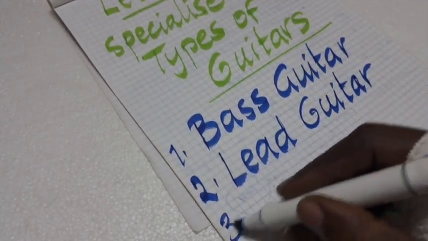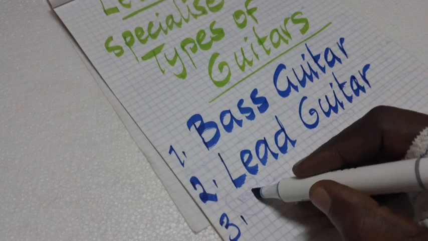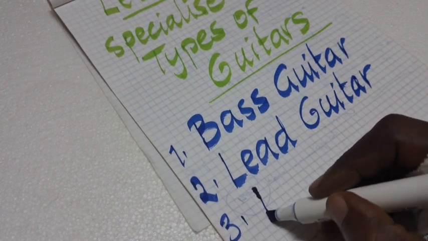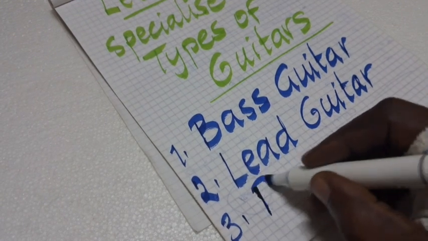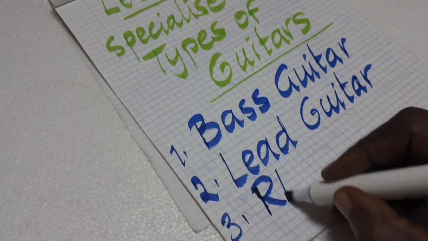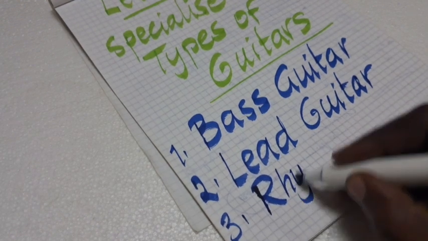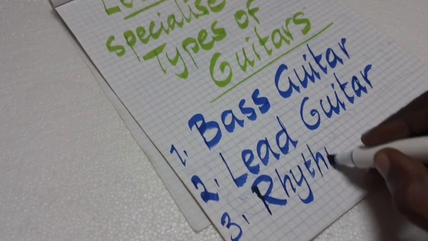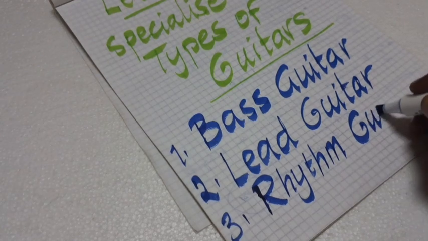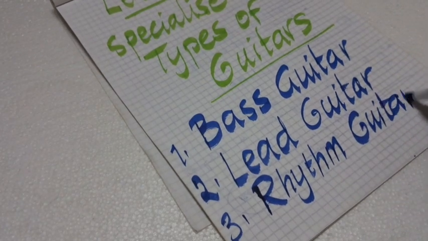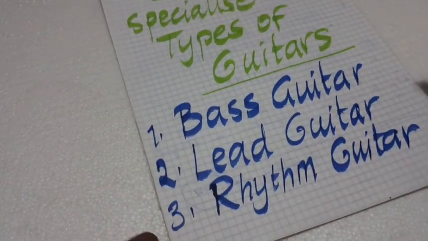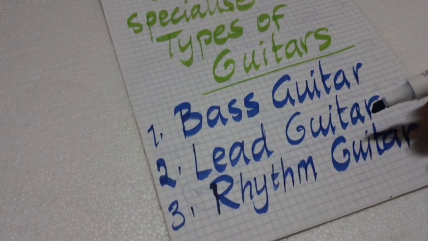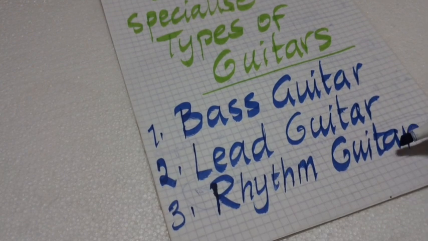We have rhythm. The spelling of rhythm sometimes can be very tricky. Rhythm, I hope I'm right. You can verify. We have rhythm guitar, we have bass guitar, we have lead guitar, we have rhythm guitar.